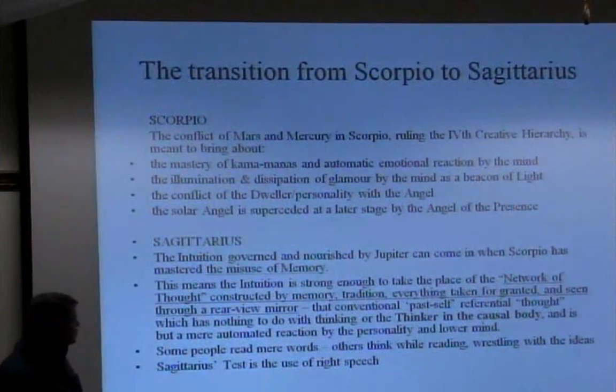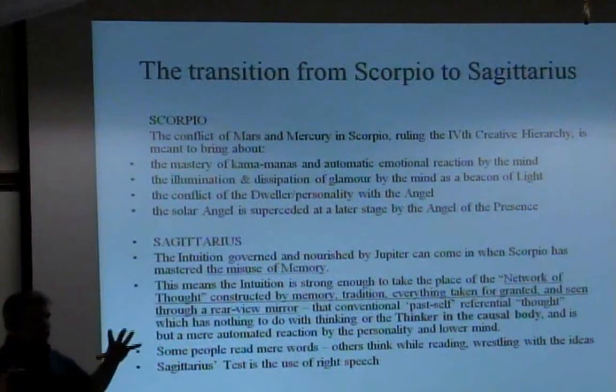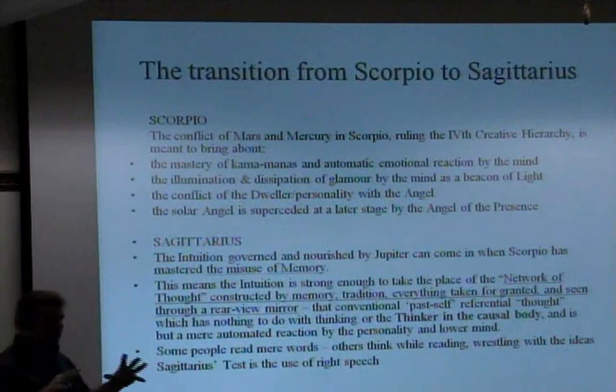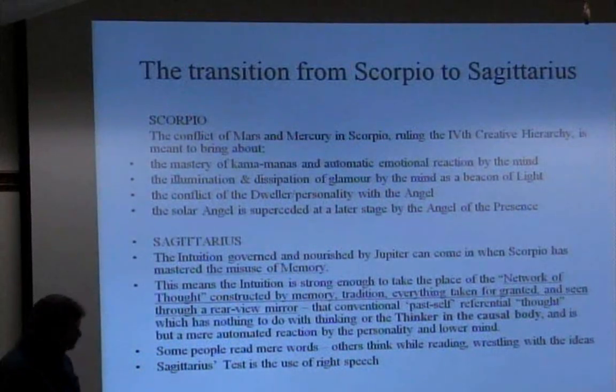It can come in when the Scorpio has mastered the misuse of memory. If memory is just unconsciously creating this network, this cobweb of thoughts that enthrall us, that chain us down, it's not enabling us to think or use the mind in a proactive way.